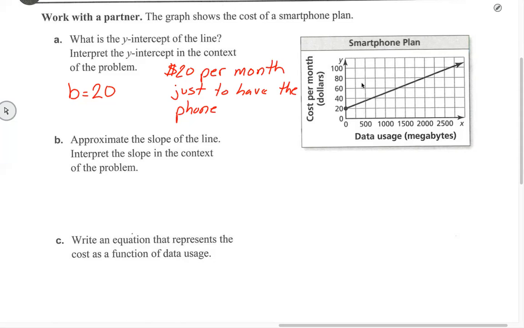All right. Now it says approximate the slope of the line and interpret what it means. So, Sophie, would you agree that my line goes through the corner of that box right there that I highlighted? I can't see where you highlighted.